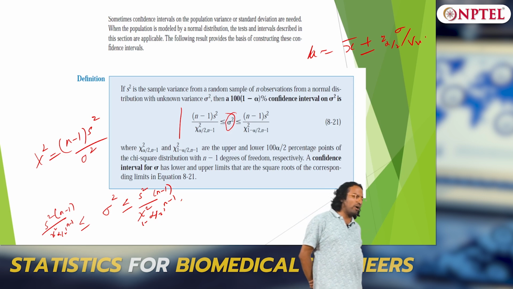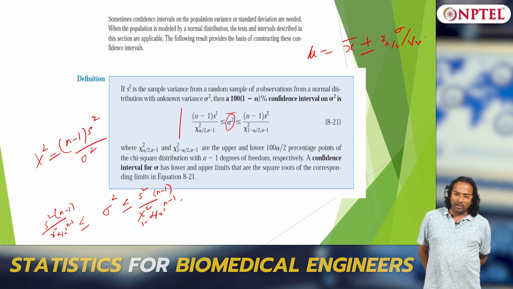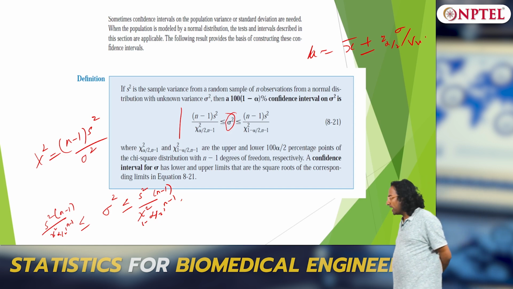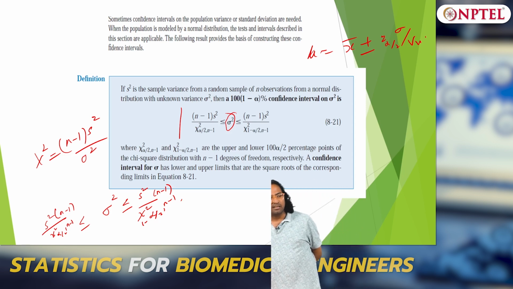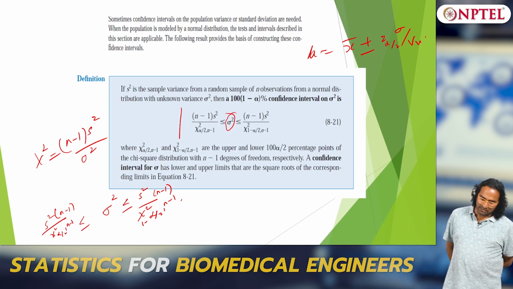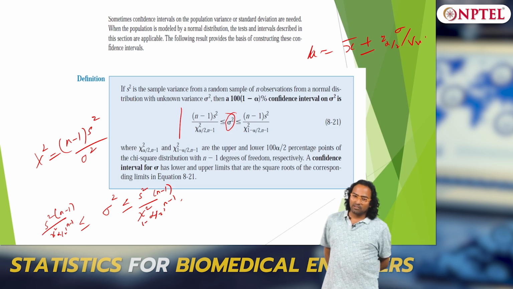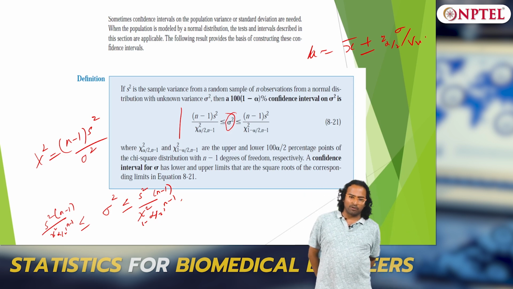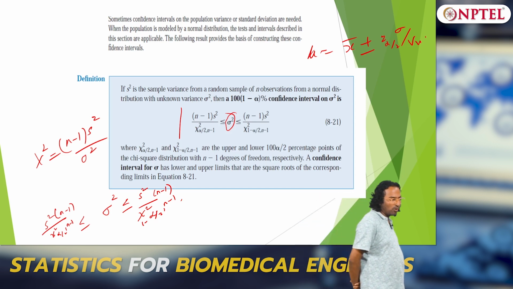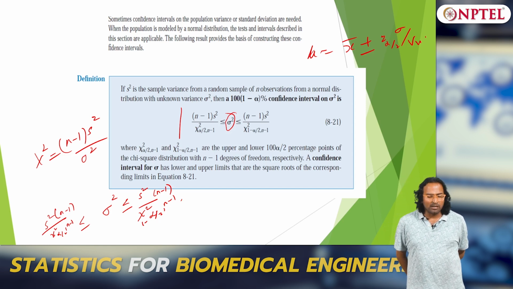If you ask why it is a ratio and not addition or subtraction like x bar, it is because the underlying sampling distribution, chi-square, is a ratio of sample variance to population variance, so the confidence intervals are also a ratio on both sides. The confidence interval for mu is x bar plus or minus z alpha by 2 into sigma over root n, whereas here sigma squared lies between n minus 1 S squared divided by chi-squared at alpha by 2 and at 1 minus alpha by 2. Remember, chi-square is not a symmetric distribution, so you have to calculate alpha by 2 and 1 minus alpha by 2 separately for n minus 1 degrees of freedom.